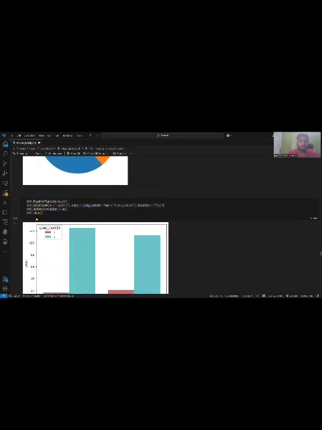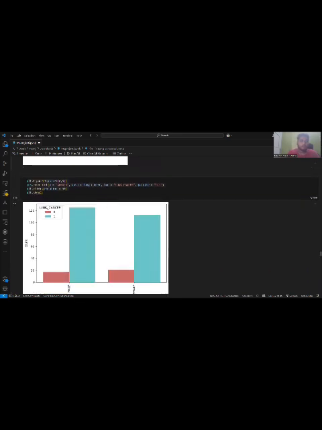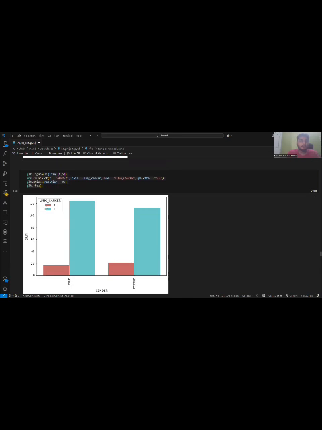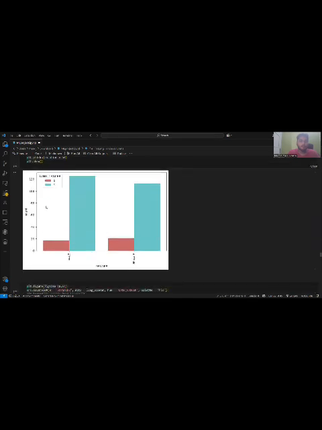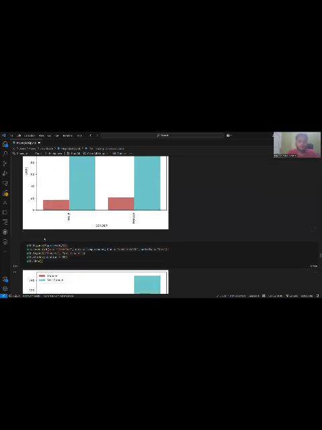Lung cancer and count plots. The count plot shows lung cancer: red is 0 and blue is 1. It shows the difference between male and female by gender. Cancer is 0 and not cancer is 1.